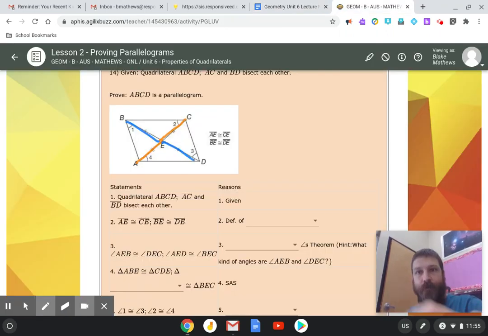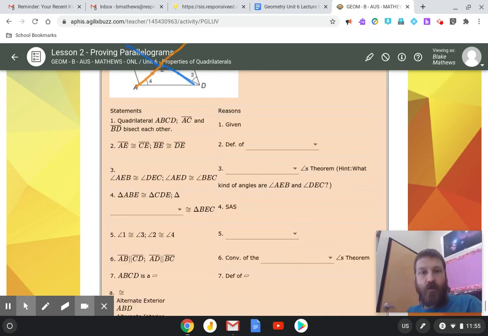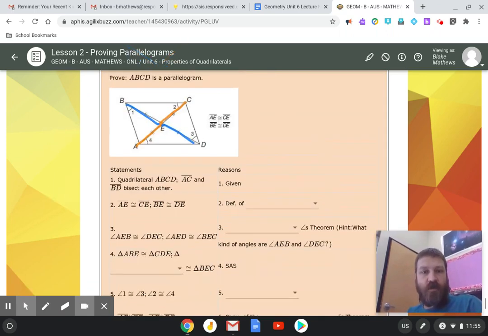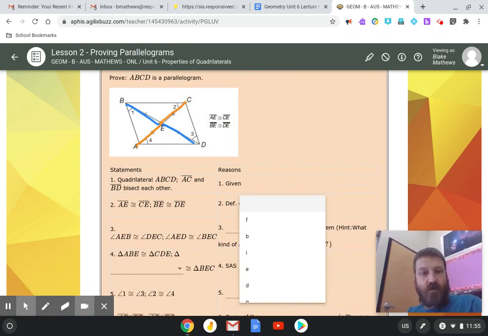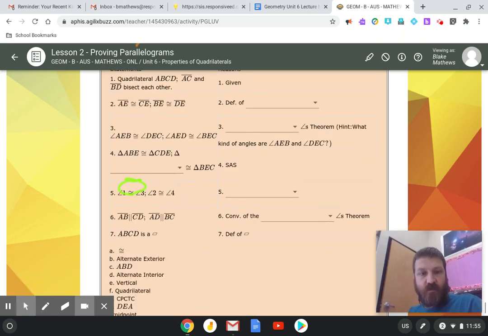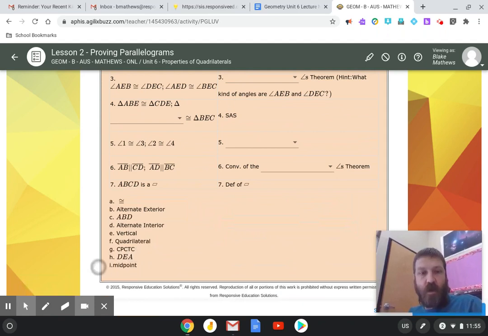So let's see what we got. AE is congruent to CE, BE is congruent to DE. That's a definition of what? Well, this, bisect. Definition of a bisector. So let's see where that is. Definition of a bisector. Okay, midpoint. Now I got a little bit ahead of myself.